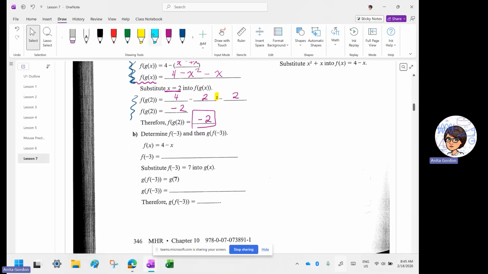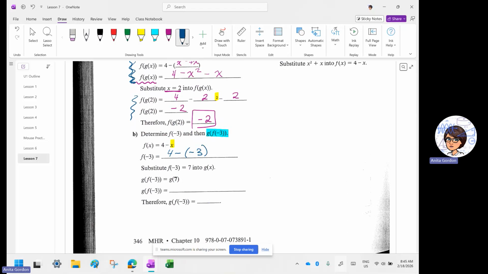Let's take a look at the opposite. What if we have g of f of -3? We take our f function, we put in 4 minus, and be careful here, -3. This is not -3. Anytime we do a substitution, we put brackets around the x.